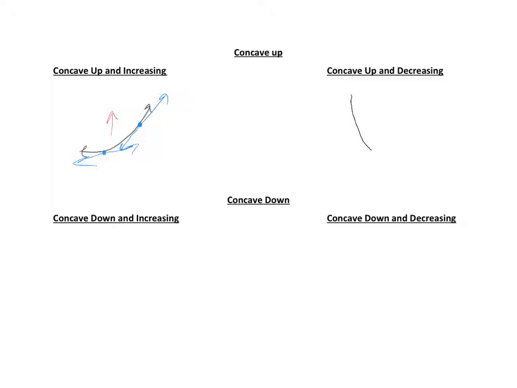Now let's look at what happens when a function's concave up and decreasing. It'll have a shape similar to this. Again, notice this graph is facing upwards, and that's what we mean by the concavity, facing upwards as you move left to right. Let's say I pick this point here. At this point, we have a very negative slope.